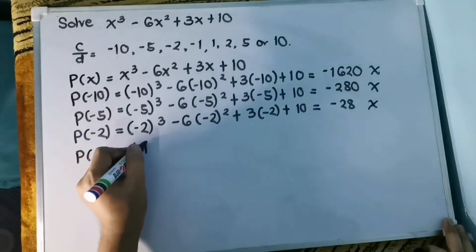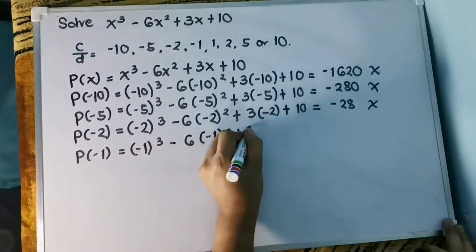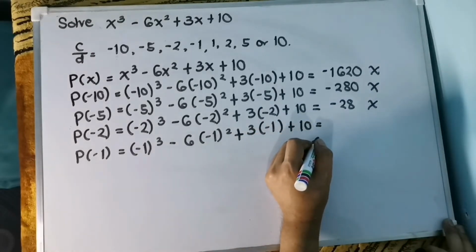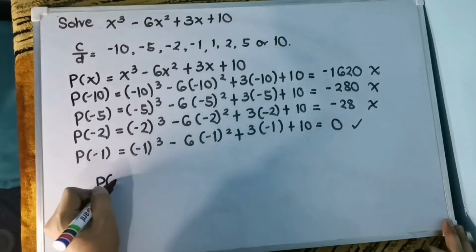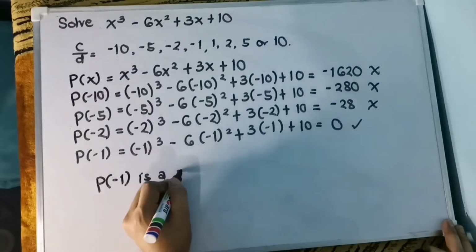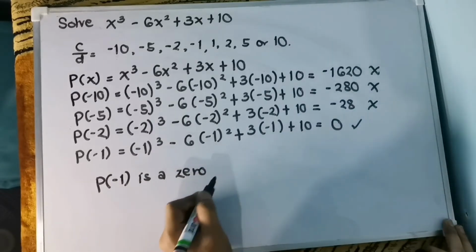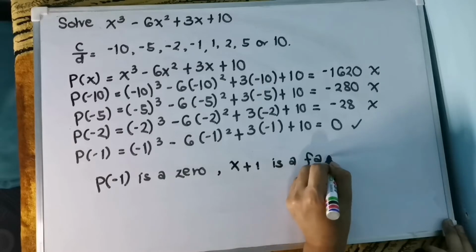So, that is negative 1 cubed minus 6 times negative 1 squared plus 3 times negative 1 plus 10 is equal to 0. So, we can say that p of negative 1 is a 0. So we can say that x plus 1 is a factor.